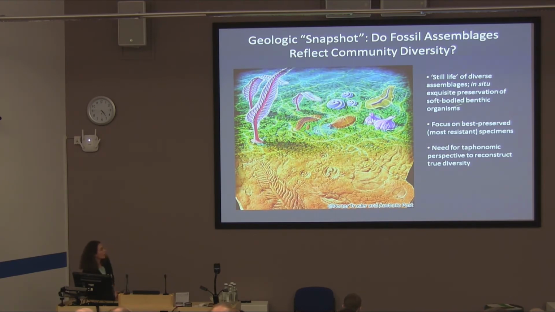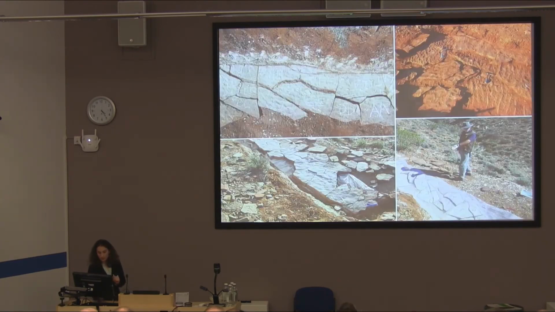So in the end, we may find that taphonomy has played a very important role in filtering our view of the diversity of these ecosystems, and we need a stronger grasp of the taphonomic processes at work in order to understand whether taphonomy is artificially amplifying or diluting our picture of Ediacara diversity.